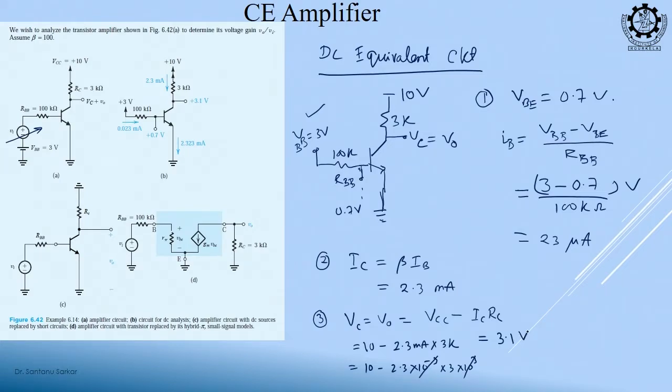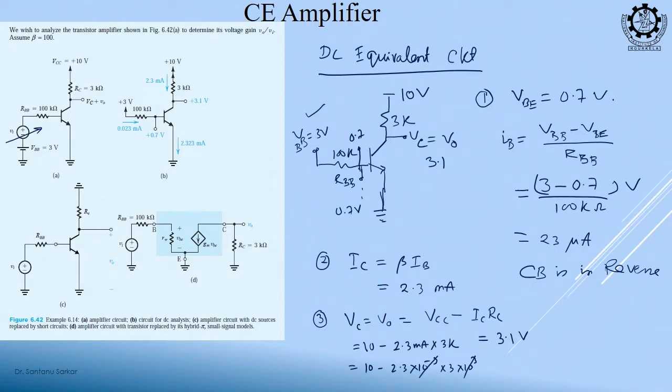Now, this voltage is 0.7 and this voltage is 3.1. So, is the collector base in reverse bias or not? So, collector base is in reverse bias.